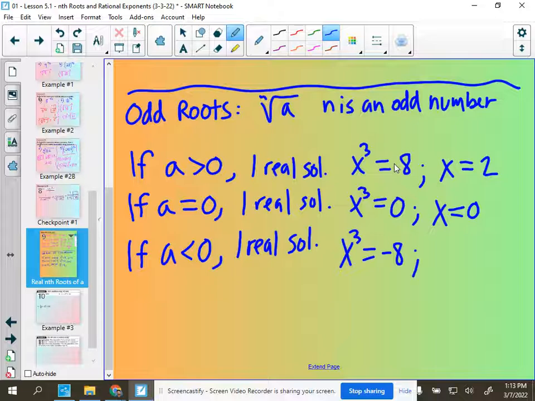But here, x would equal negative 2, because negative 2 times negative 2 times negative 2 works. It all has to do with how many times it's being multiplied. With an odd number, there's nothing wrong with getting a negative output. So hopefully that makes sense. Add those two notes, pause as needed.